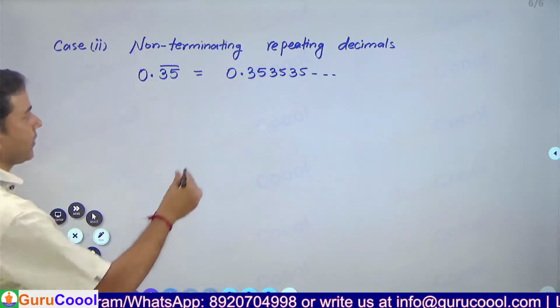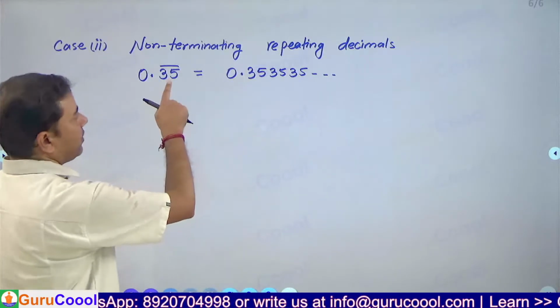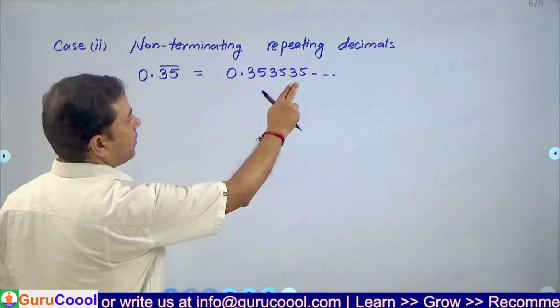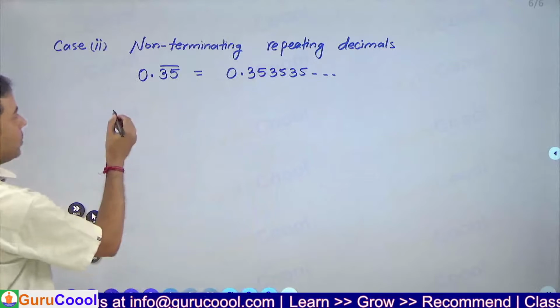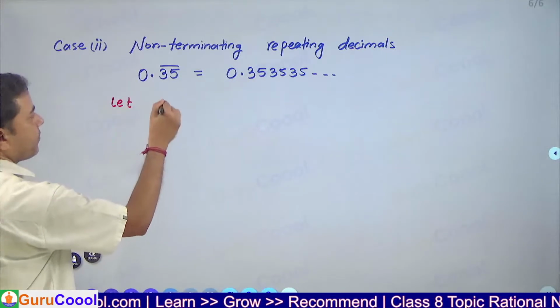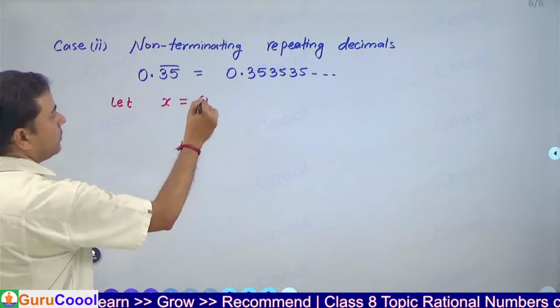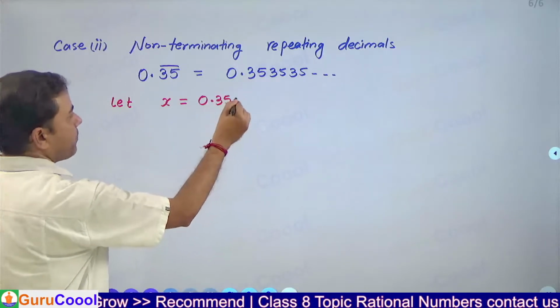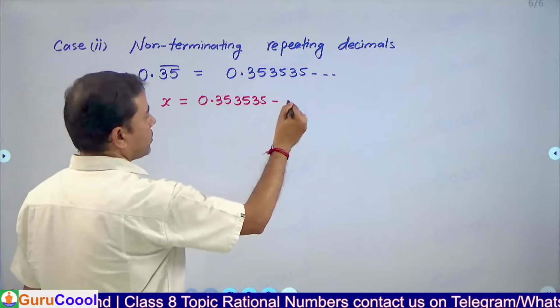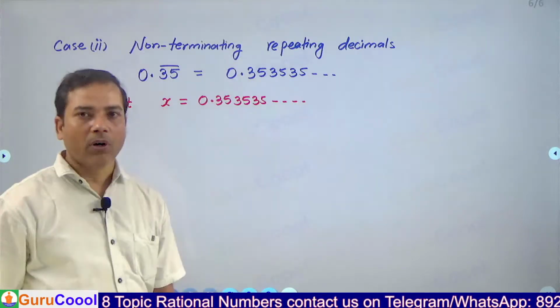Okay. So 0.35 bar sign means 0.35, 35, 35 and so on. Let x be equal to 0.35, 35, 35 and so on.